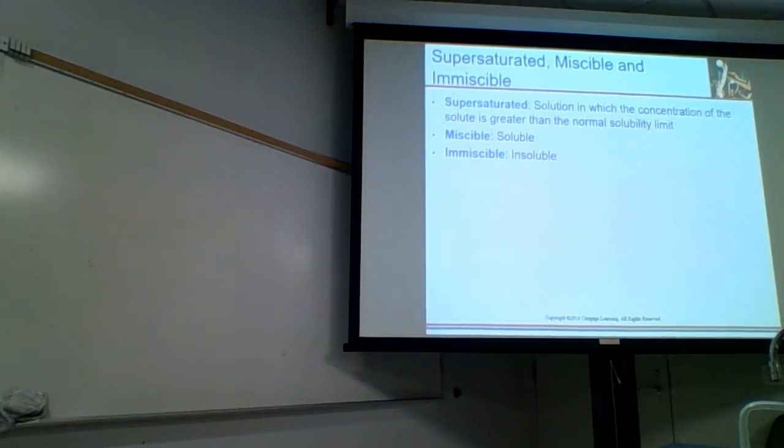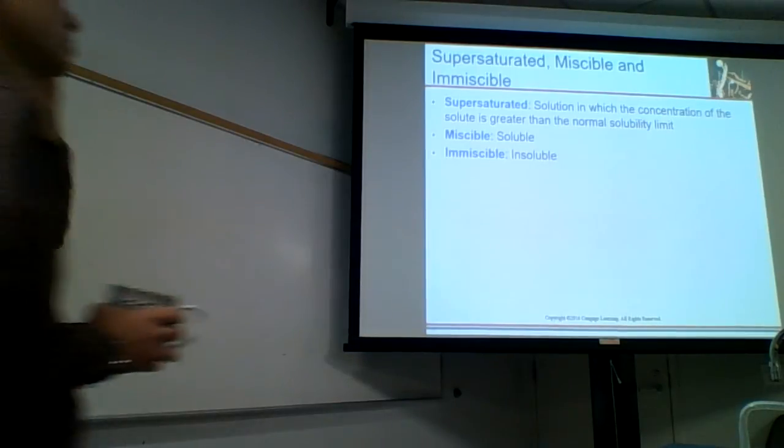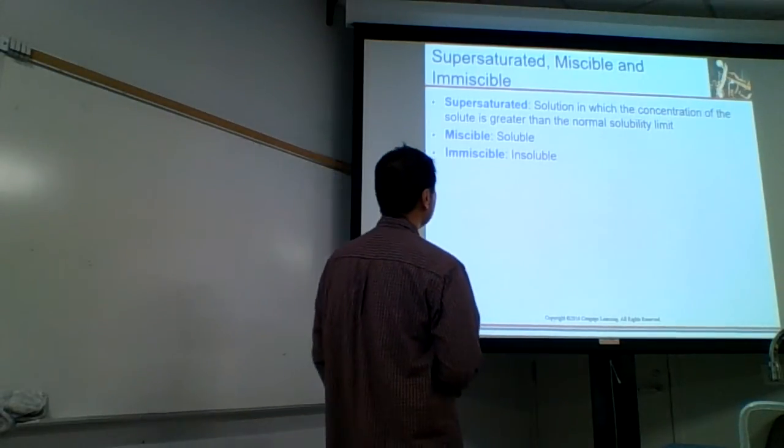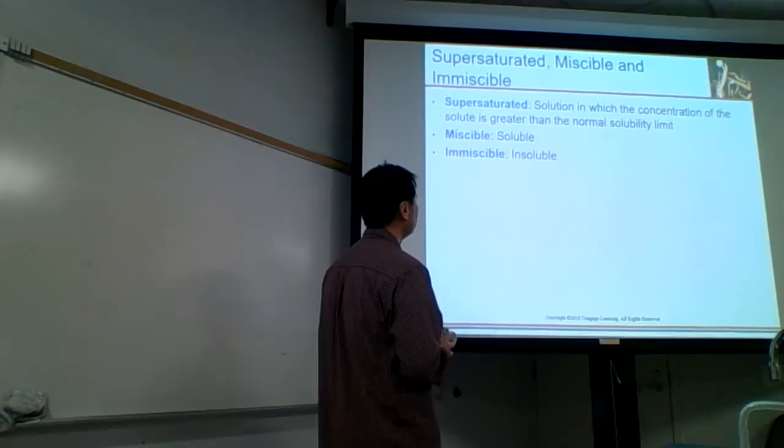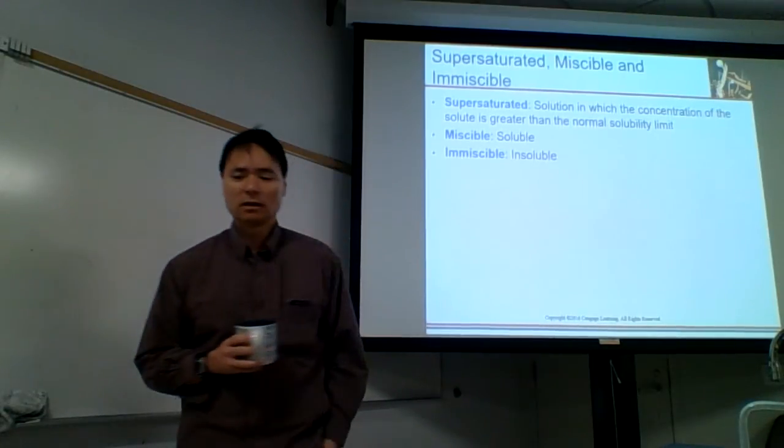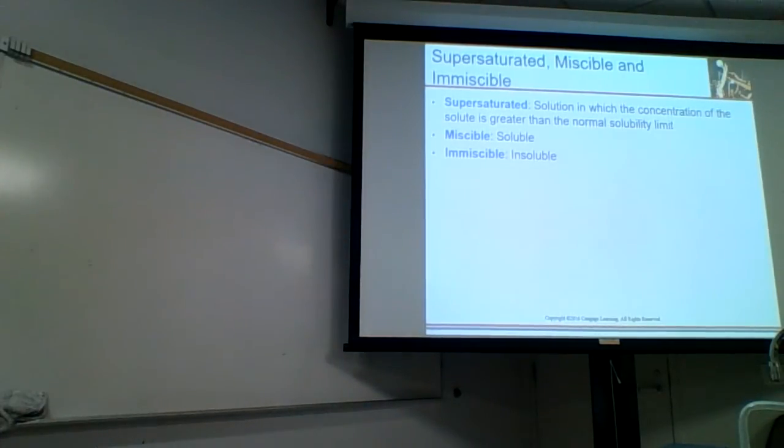We could also have things that are supersaturated, but the things that are supersaturated are unstable. Sometimes you can get more to dissolve than what's sustainable. An example of that would be sugar. Sugar in cold water versus sugar in hot water. Solubility is different.